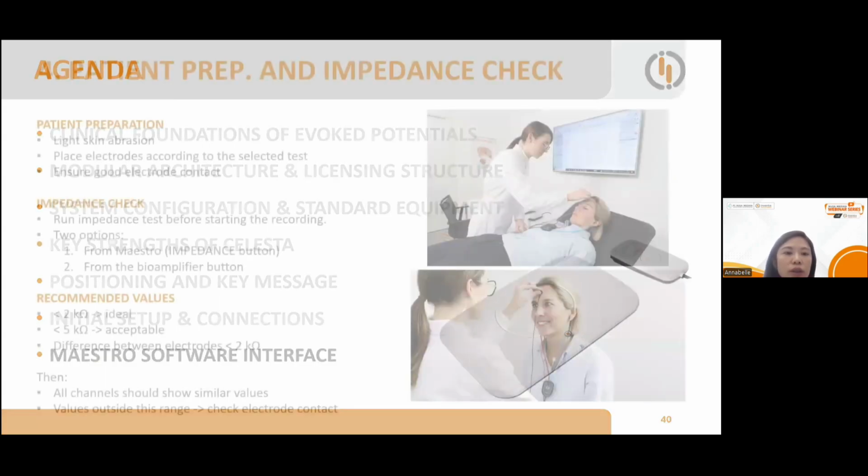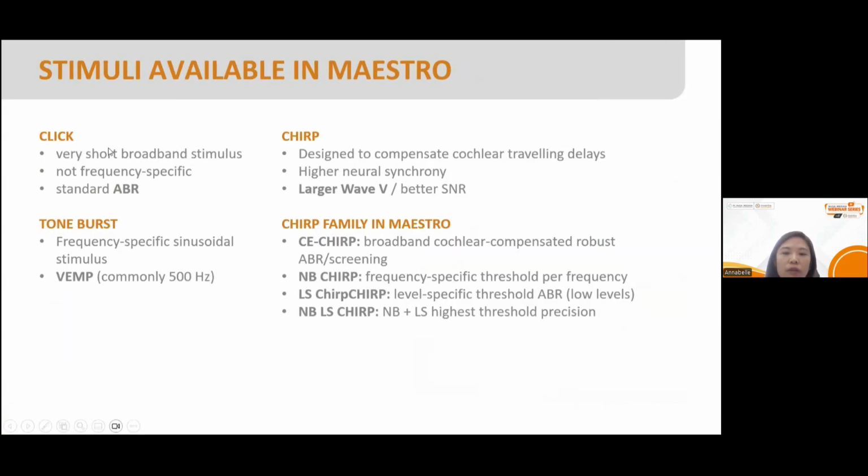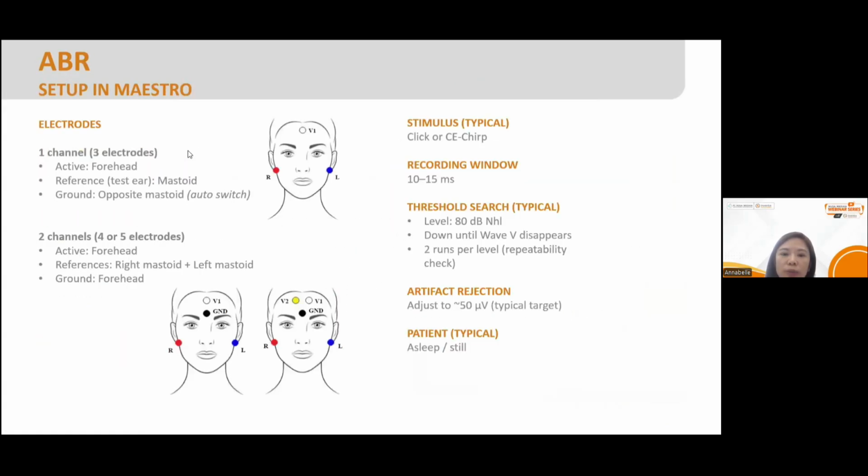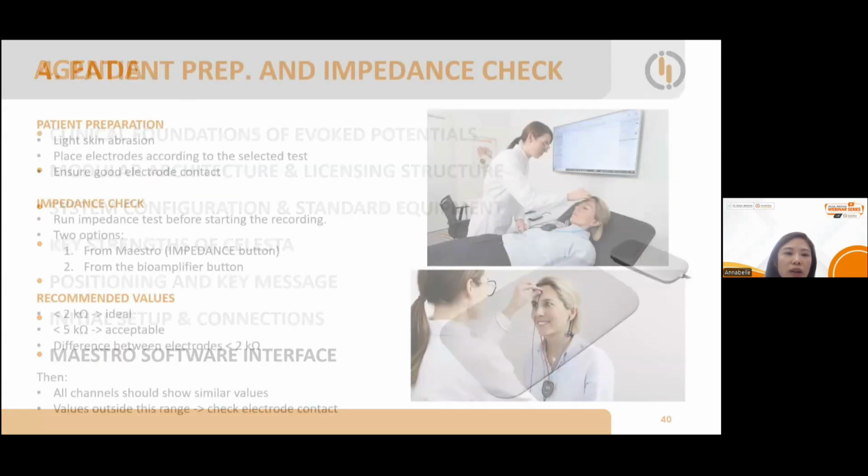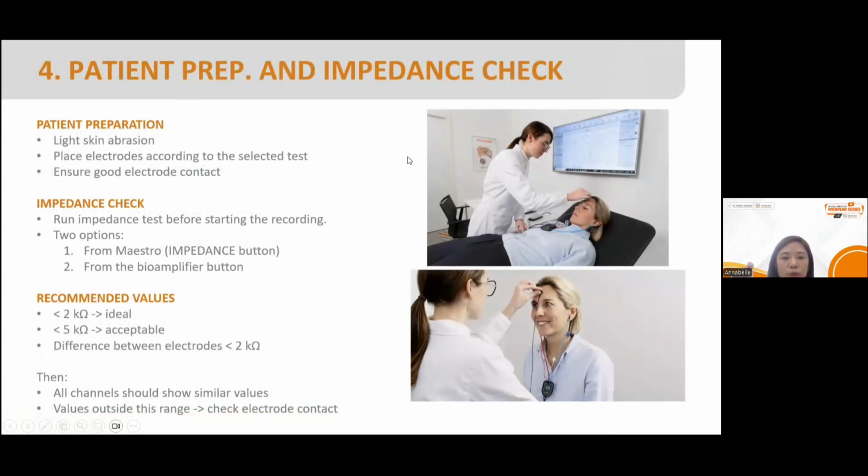For this part, I think we talked about it a little bit before. You rub the skin, and then you place the electrodes with the conduction gel to ensure good electrode contact. Then you run the impedance test before you start the recording.